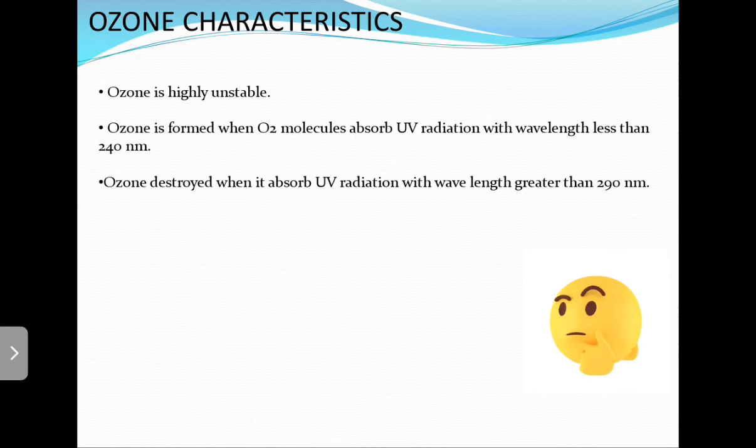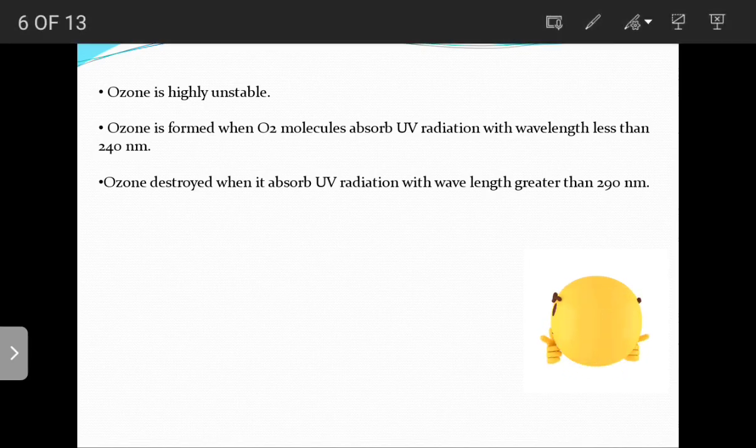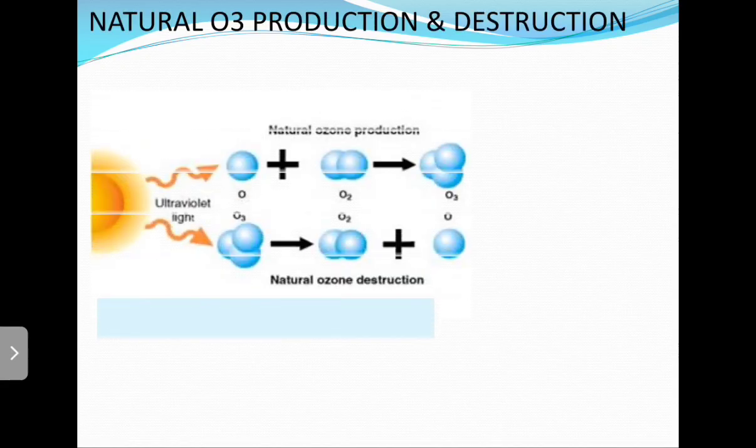So now we'll go to the next slide and see the production and destruction of the ozone layer, how it is produced and how it is destroyed. As I already said, from this diagram you see the oxygen molecule combines with one oxygen atom when it absorbs ultraviolet radiation up to 240 nanometer wavelength, and it produces O3.